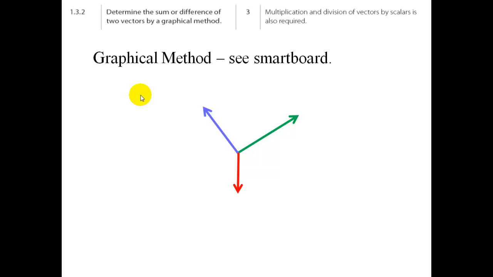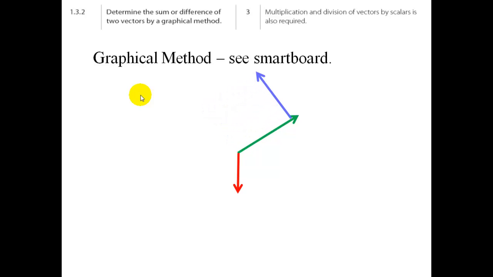Now, when we add vectors using the graphical method, what we must do is to place them basically head to toe and see where the final vector reaches, and then from that we can work out what the sum of the vectors is. So let's put them head to toe.